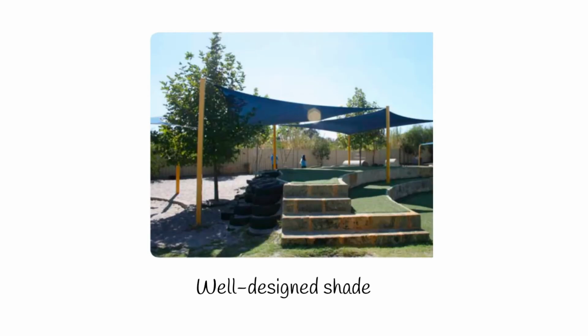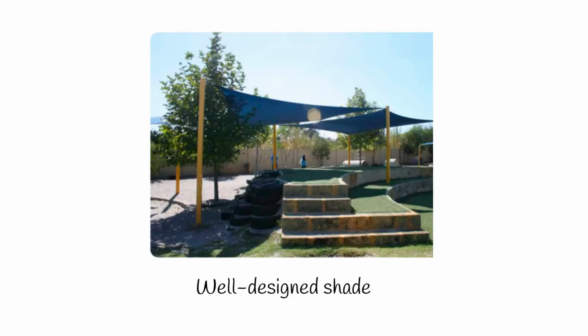This is a well-designed shade. Can we discuss what we can see in this picture? Over here, they have good vegetative cover, where we can see trees around the area, and it's very useful, especially in the summer, because it can cool down the area. If you take a look at the pavement, we can see some green grass being planted on the ground.